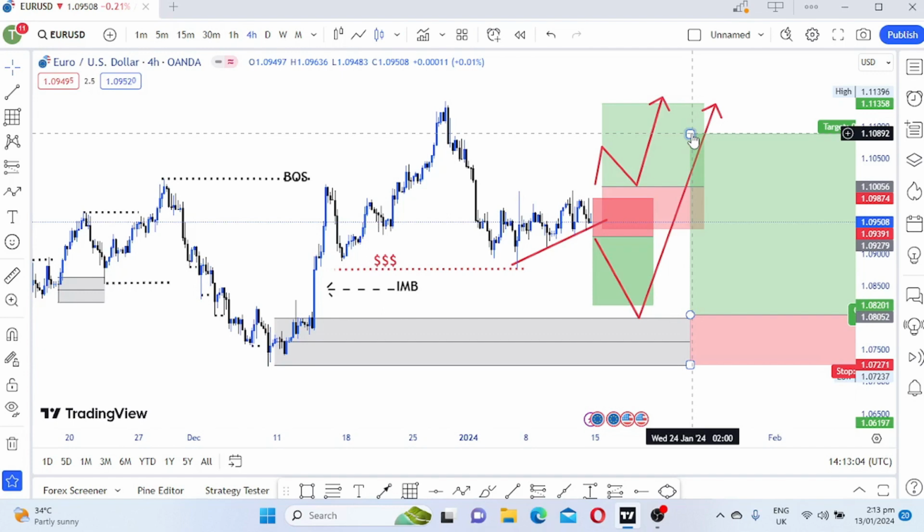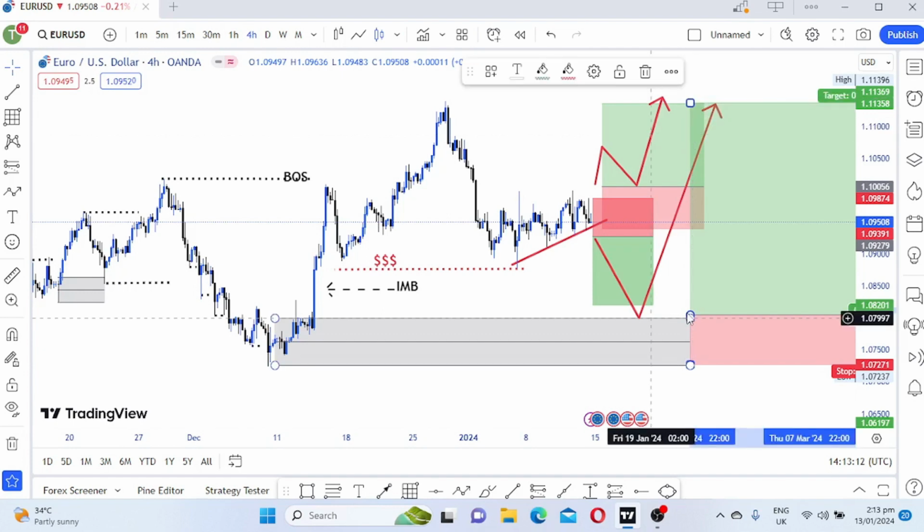This is where this demand zone is, so it's where I'll be waiting to buy Euro USD if that happens. But for now, I'll be in a short-term sell. Once we get a breakout, I will sell into this demand zone here, a 1-to-2 risk reward ratio, as you can see there.